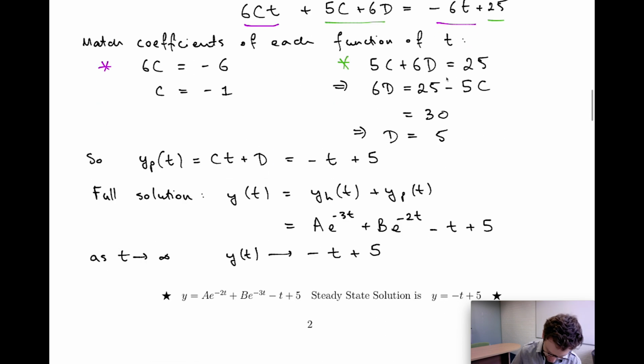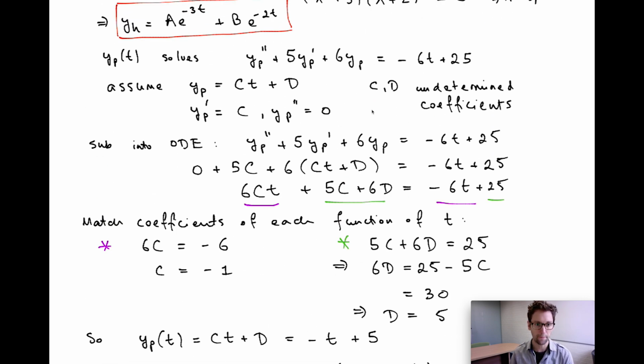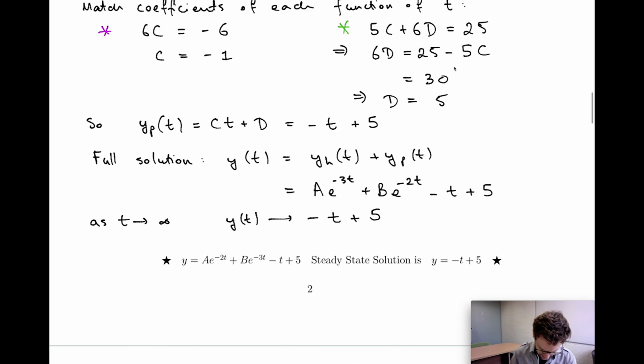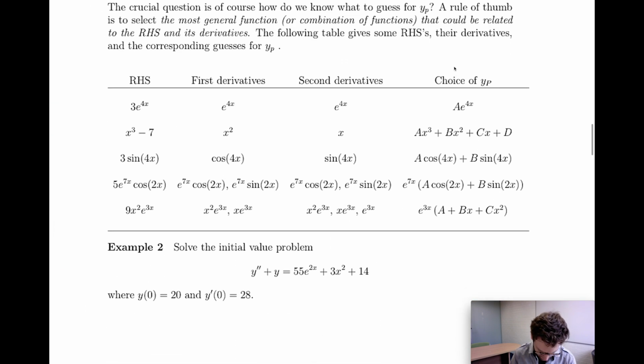Another way to think about it is that when we're substituting this solution into my ordinary differential equation, I'm going to take a whole bunch of derivatives. So when I form my particular solution, I'm going to make a solution that looks like the right-hand side and its derivatives.